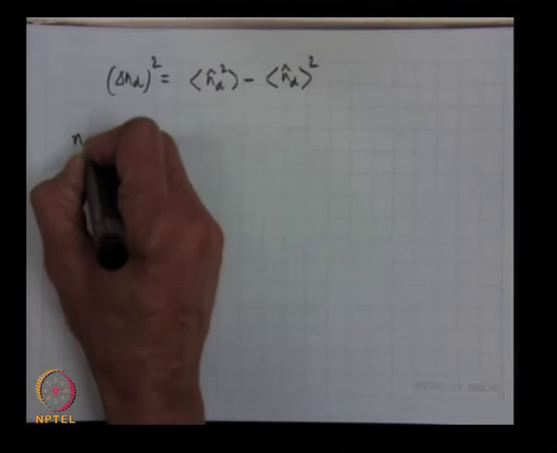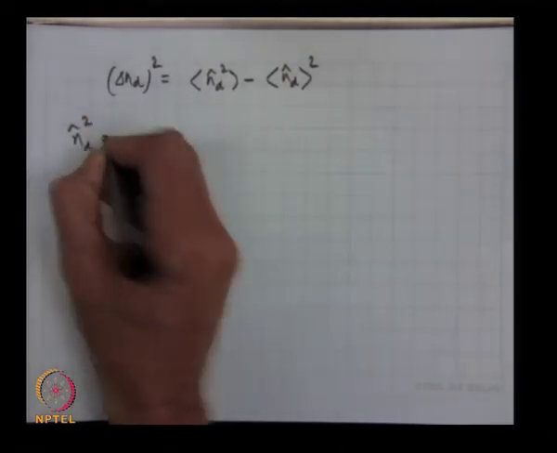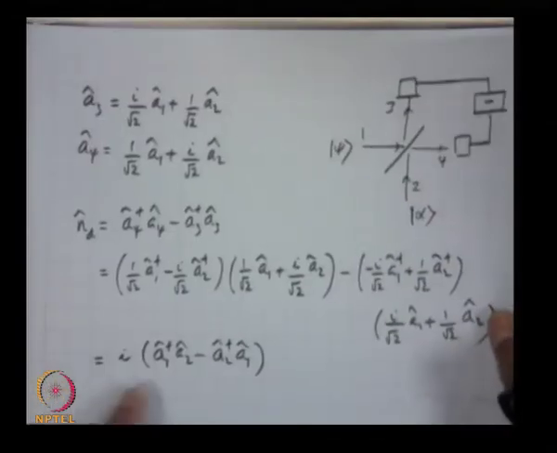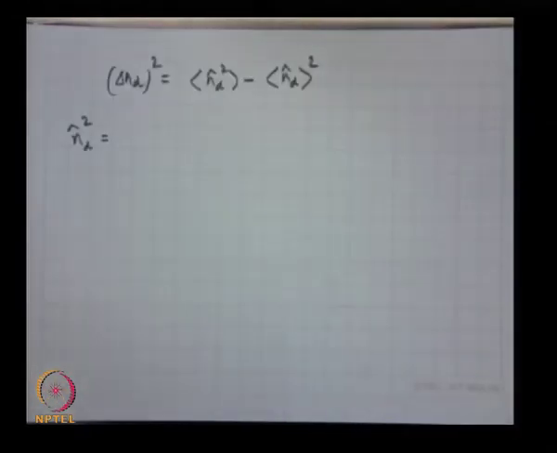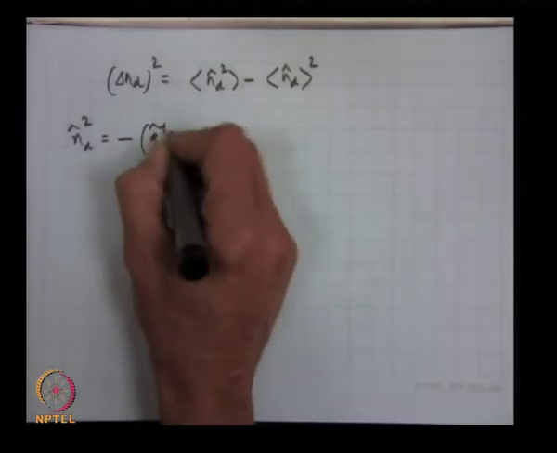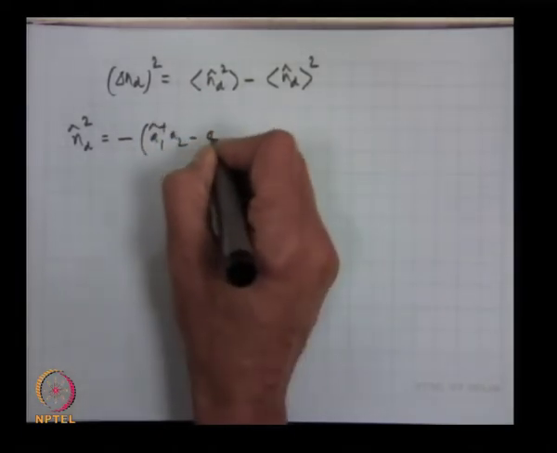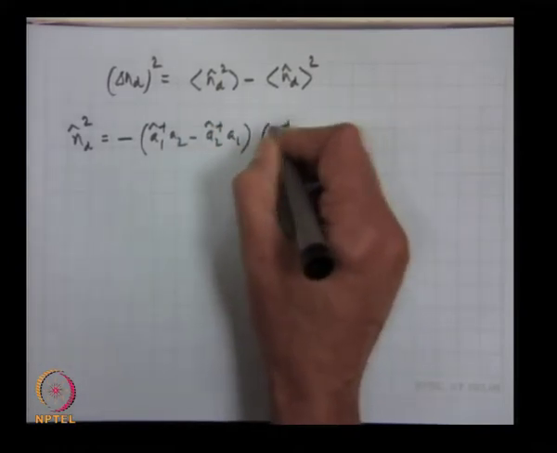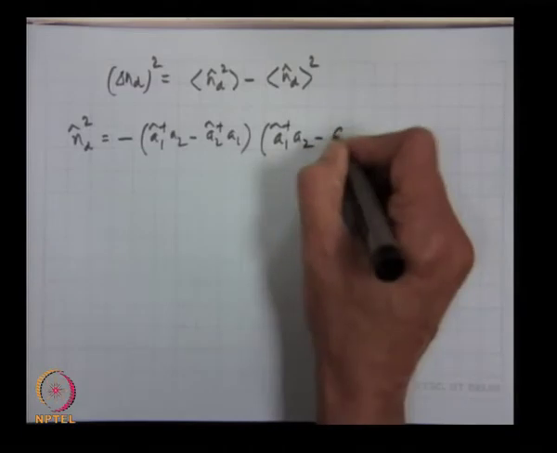So ND square is, this is the expression for ND which we have calculated. So ND square will be square of this, which is minus A1 dagger A2 minus A2 dagger A1 into A1 dagger A2 minus A2 dagger A1.